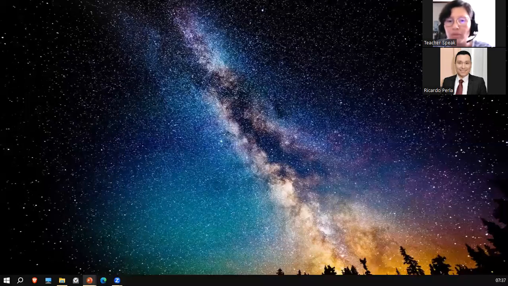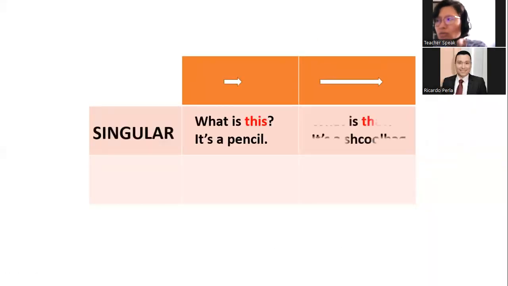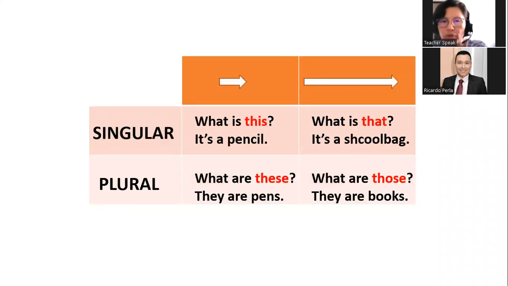Now, one thing that we didn't mention, but that I included in the material, is that if we are asking questions, these are the questions that we're going to ask. If it's singular, it's what is this? If it's singular and far, what is that? And also we were saying that we need to be careful with the verb be.